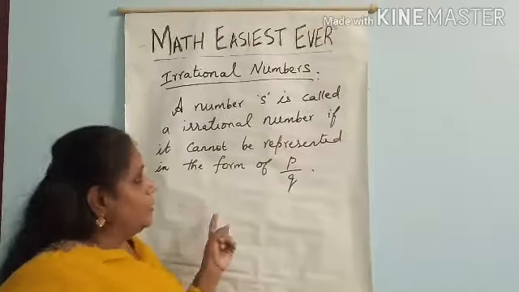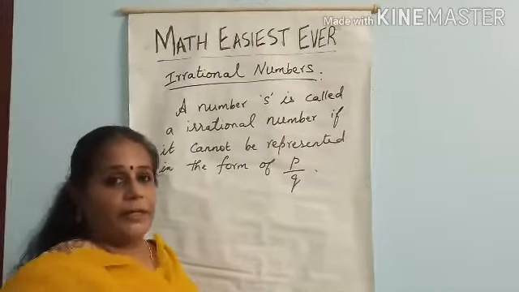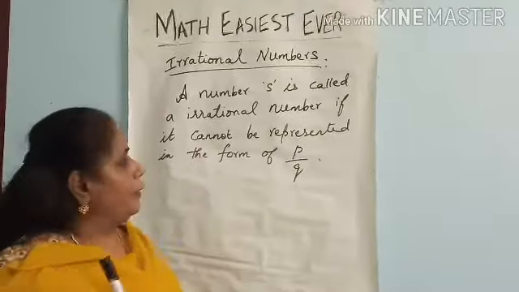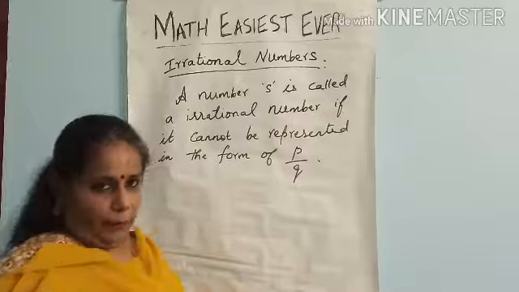We learned a rational number is a number which can be represented in the form of P by Q. An irrational number is a number which cannot be represented in the form of P by Q.